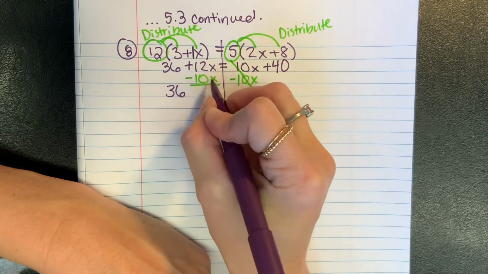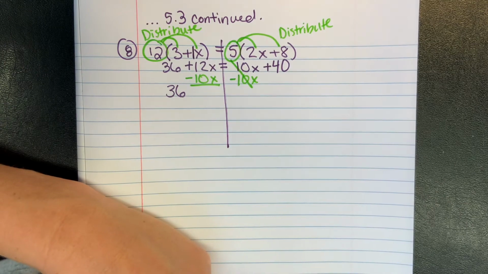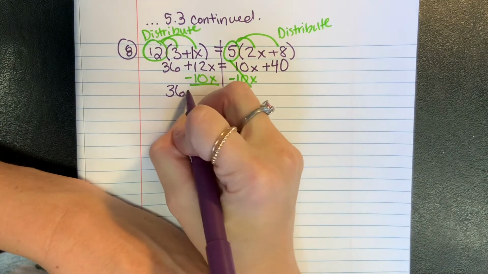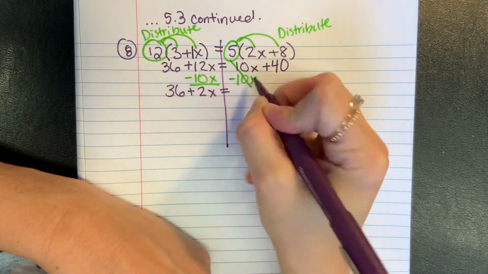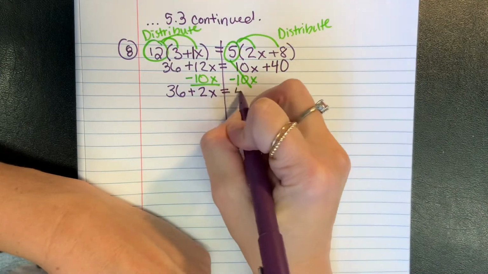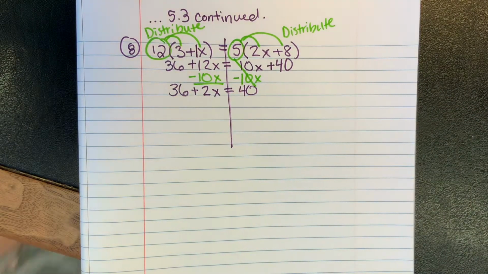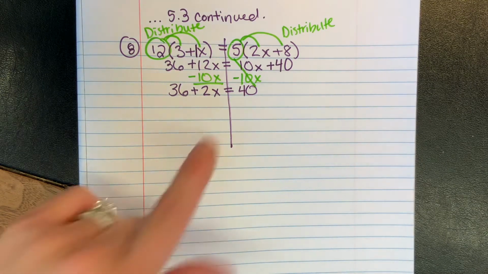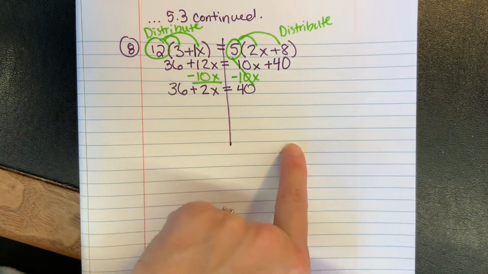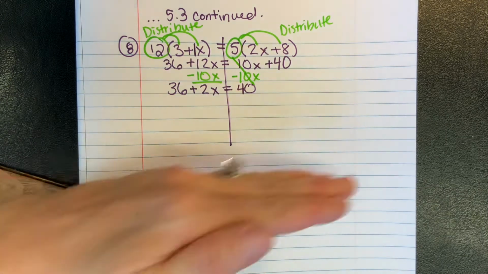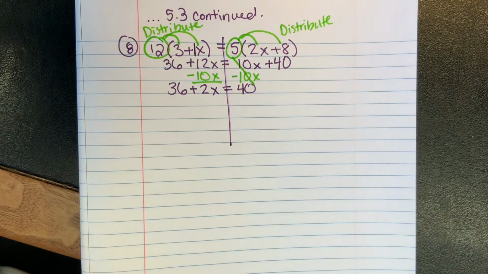Now I have 12x minus 10x, which is 2x. So I'm gonna put plus 2x. The 10x is gone, bring down your 40. Okay, again, make sure your equations are nice and organized. If you've got like minus 10x here, minus 10x there, and it's not level, and I have to go through a puzzle to find your work, I'm gonna count points off.